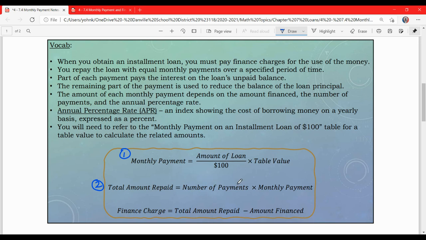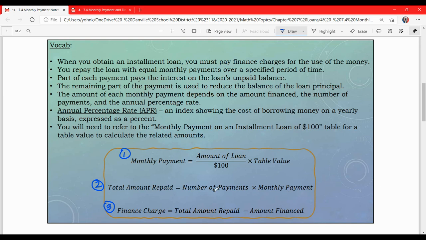You can take the number of payments that your loan is for and multiply by the monthly payment, which is what you got in the previous step. Then finally, step number 3, if you want to find how much you paid in finance charges, you can take the total amount of the loan that you repaid and subtract the amount that you had borrowed in the very beginning. If you do this, then you'll see how much you're going to pay in interest.